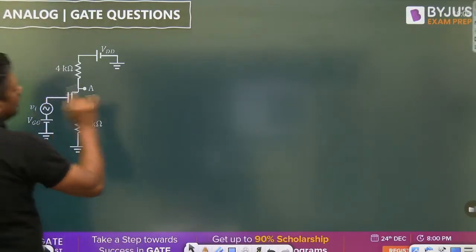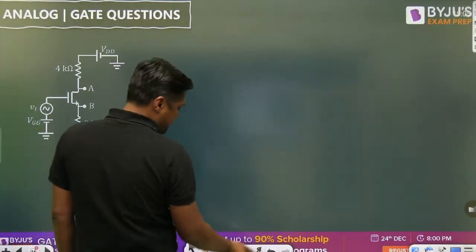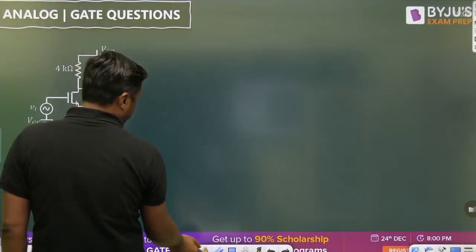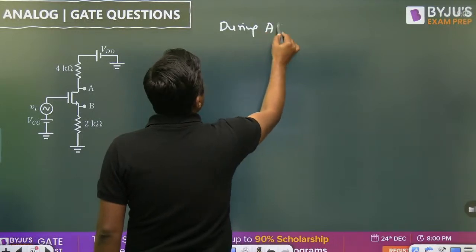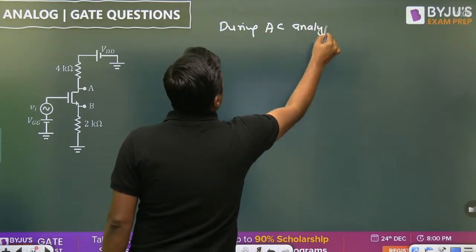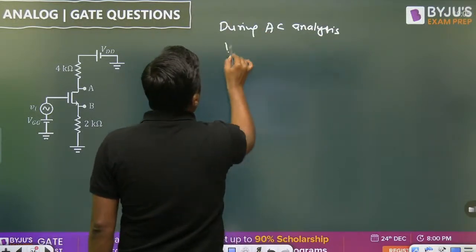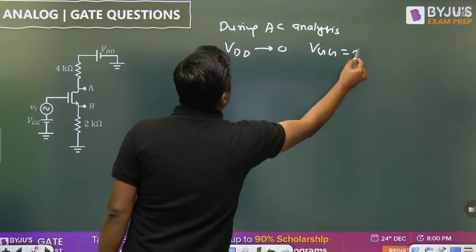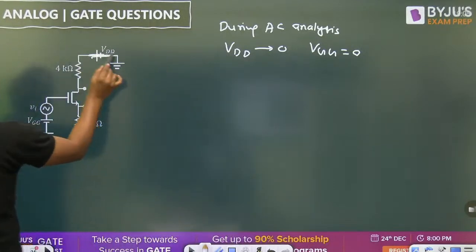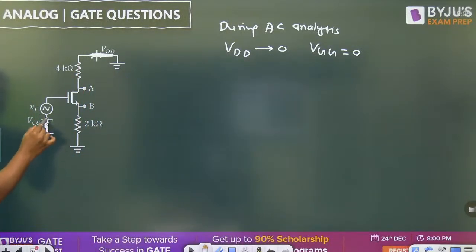First of all, during AC analysis, what happens to all the DC sources? They tend to 0. So VDD is made 0, VGG is made 0.